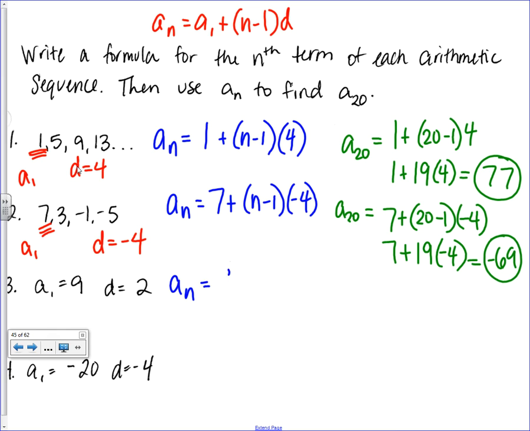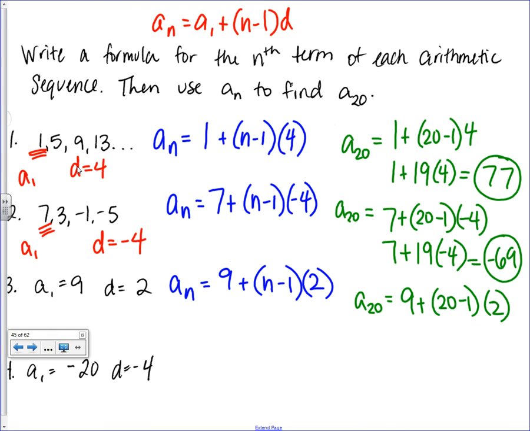My first term is 9 plus n minus 1, and my common difference is 2. So if I want to find the 20th term, I start with my first term, plus 20 minus 1 times my common difference, which will be 9 plus 19 times 2, gives me a 20th term of 47.